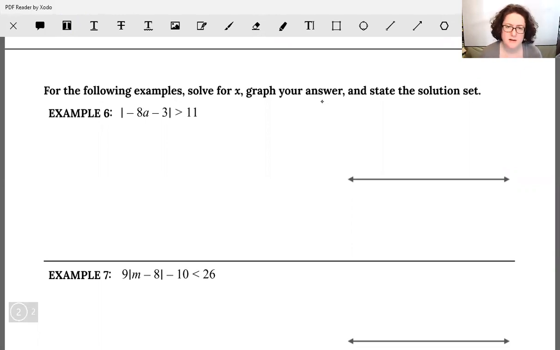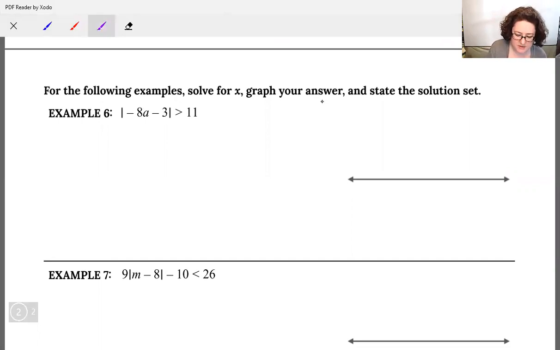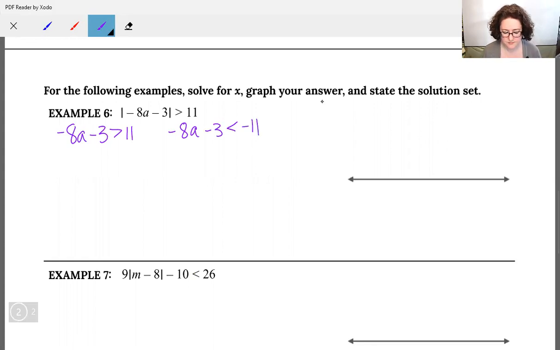Okay, so let's check how you did for number 6. So again, we already have our absolute value bars by themselves. So our first task, we're going to write our two versions. So here we go. We don't need our absolute value bars for our two versions. We just need negative 8a minus 3 is greater than 11, and negative 8a minus 3 is less than negative 11.